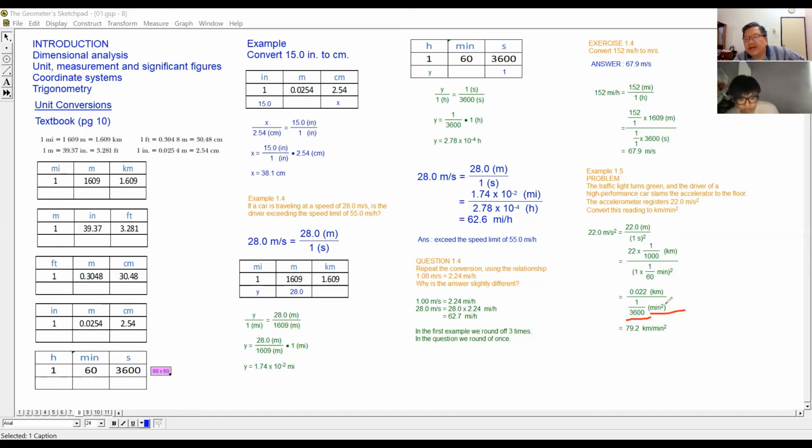So you use your scientific calculator, you calculate the numbers, and the unit comes from this, kilometer per minute square. So it's 79.2 kilometer per minute square. Any question? No. Then we clear this and move on to the next page.